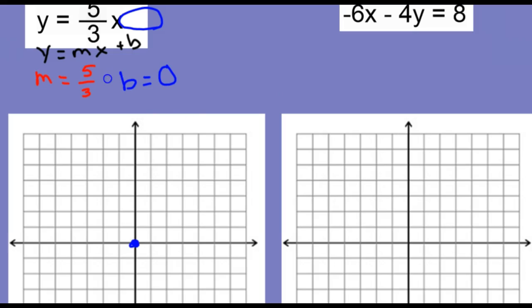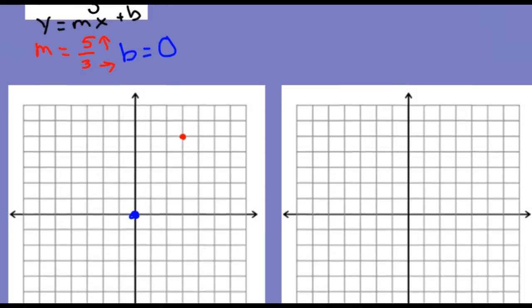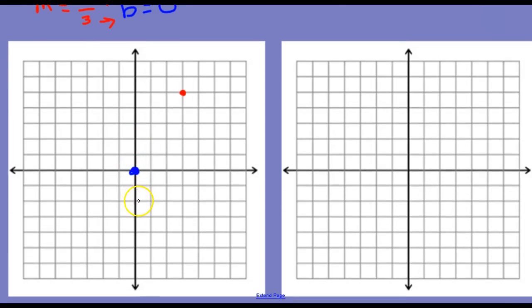Then we're going to go up 5, rise 5, to the right 3. Up 1, 2, 3, 4, 5, to the right 1, 2, 3. The opposite of that would be to go down 5 and to the left 3. So if we connect those, we get our line.